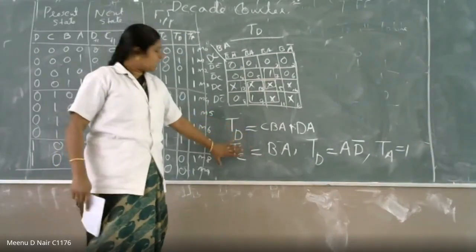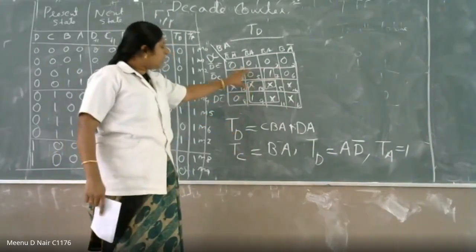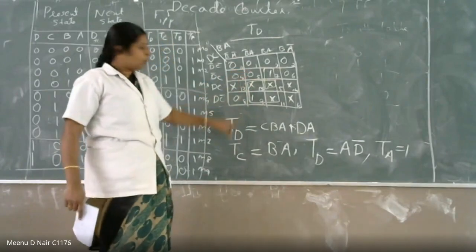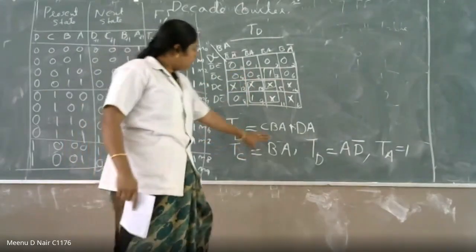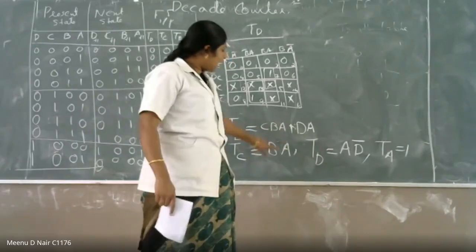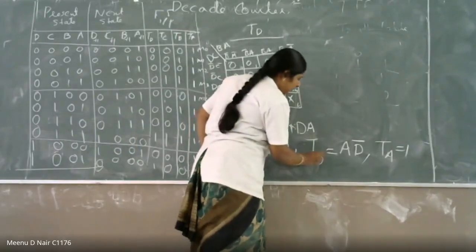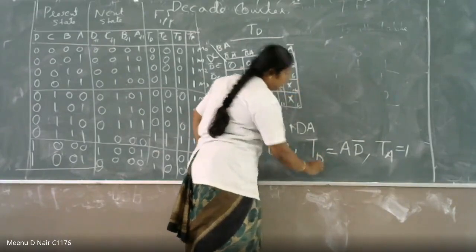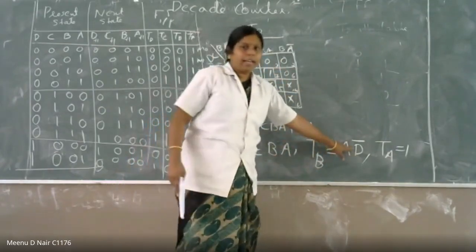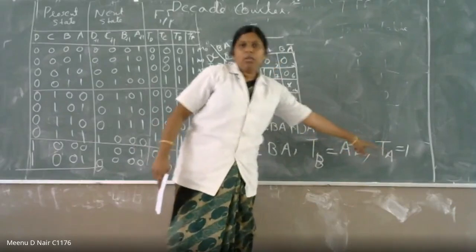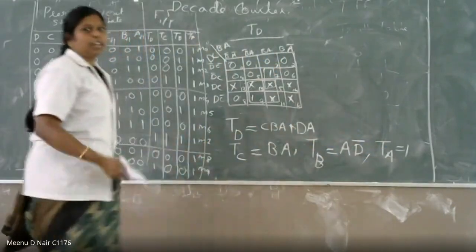So while doing simplification using K-map, you will get TC is equal to B A, TB is equal to A B bar, and TA is equal to 1. Right. This is what we are getting.